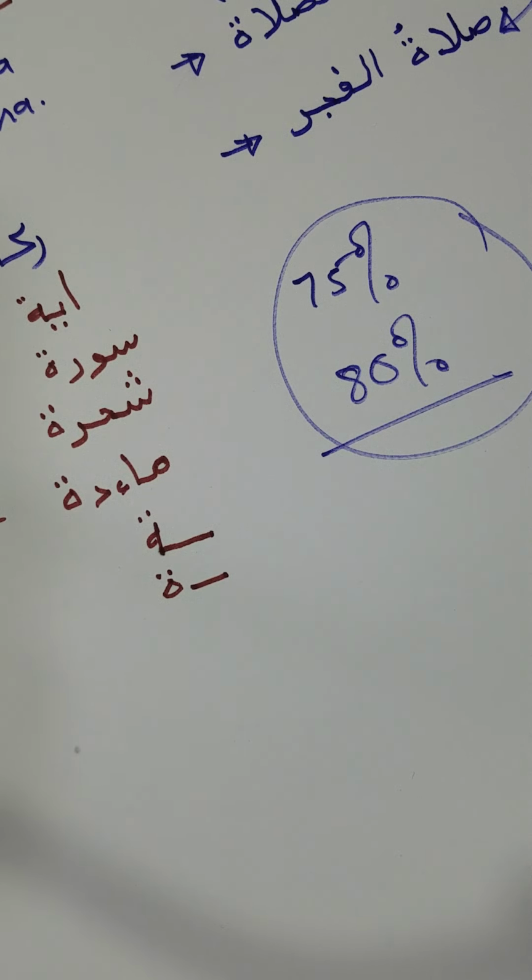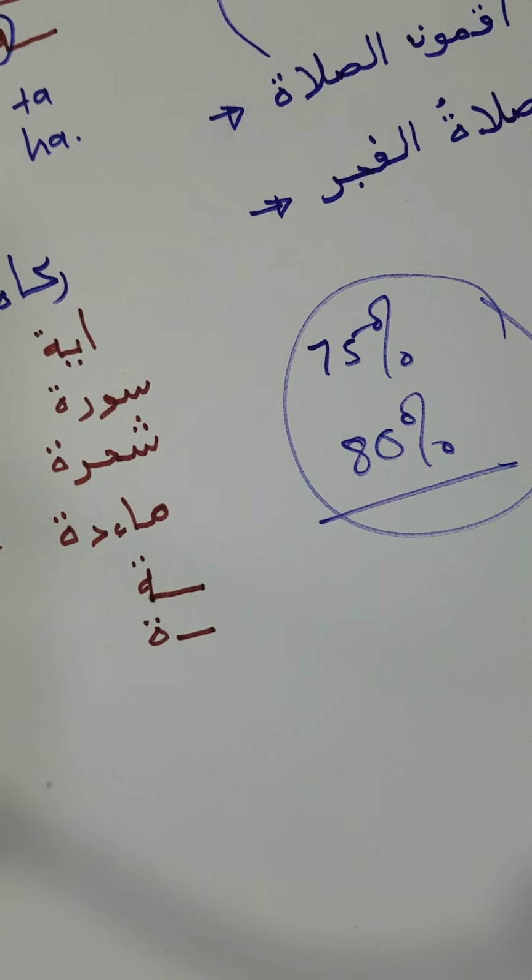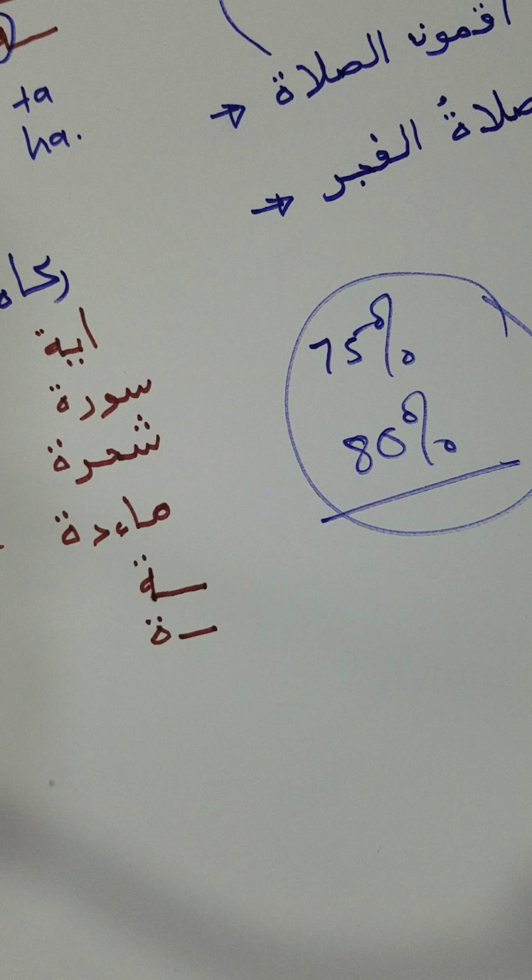We're trying to look at these words. How can you identify a word and say this word is feminine, this word is masculine? Now almost 80% or 75% of these feminine words will end with a ta marbuta.